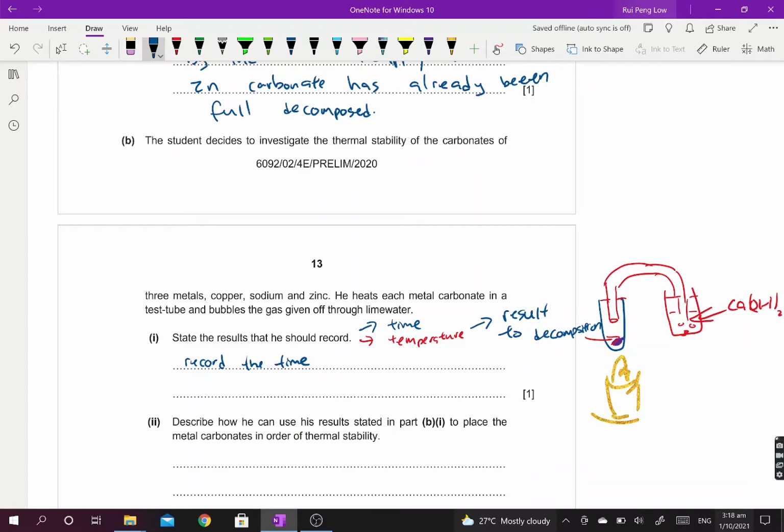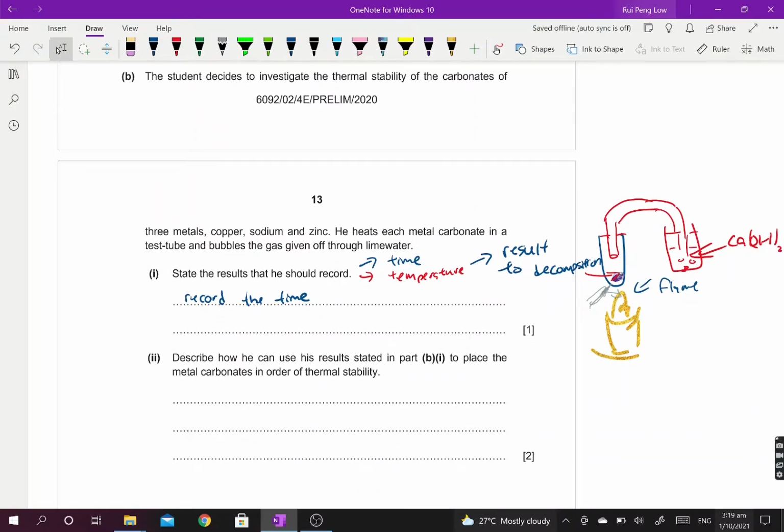Because if you want to record the temperature, you may accidentally record the temperature of the flame. Okay, so imagine I try to measure using like a thermometer here. I may accidentally measure the temperature of the flame instead of the sample. Okay, so it's better that we record the time.